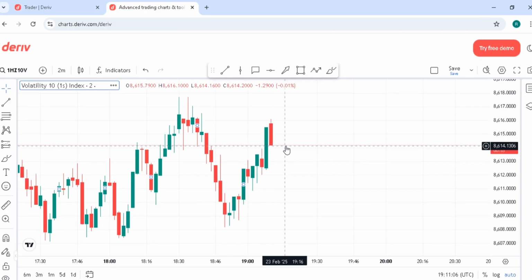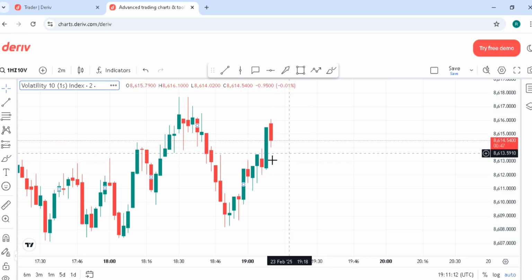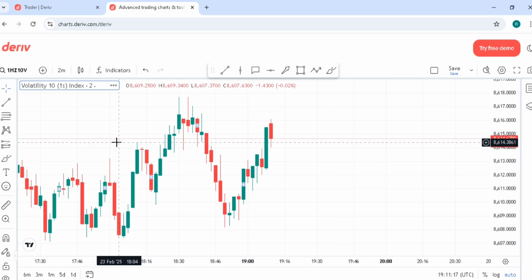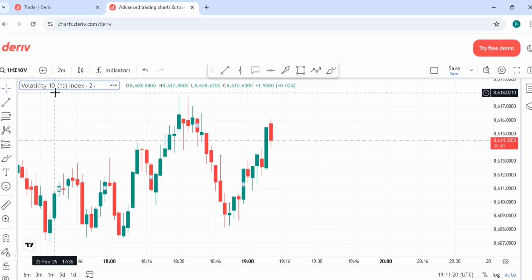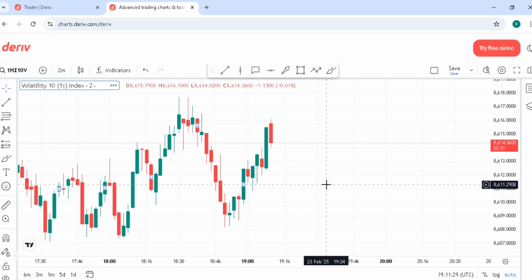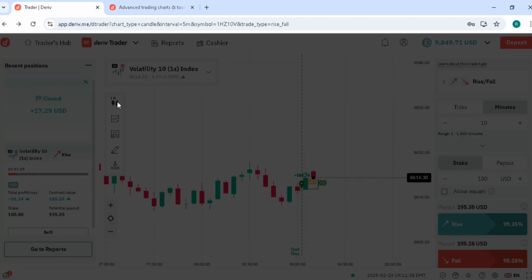So if this one closes past half of this candlestick, it will be the dark cloud cover and we can enter a trend. This is 10-1s still, and this is 2 minutes time frame.